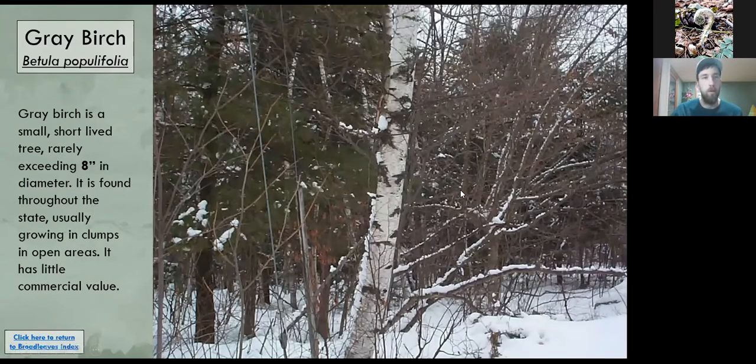This is one tree that's often confused by folks, just because it also has white bark, but it's known as the gray birch. This is a true pioneer species. It's very short-lived. To find a gray birch that's 8 inches in diameter is exceedingly rare.